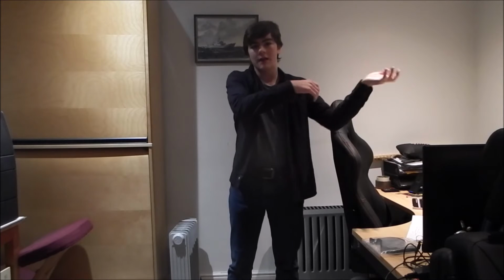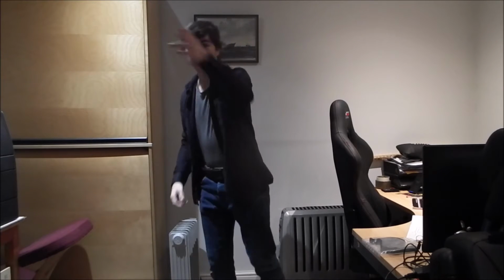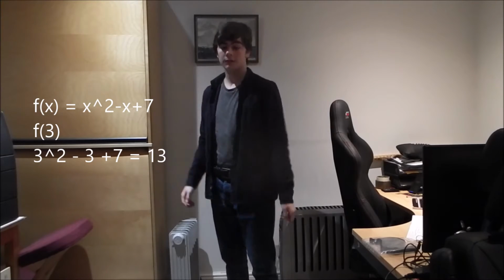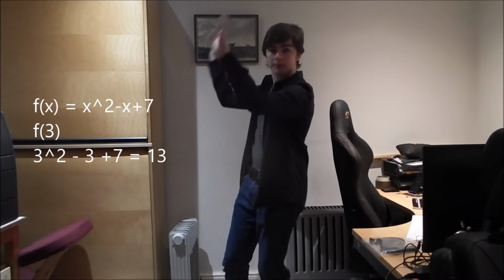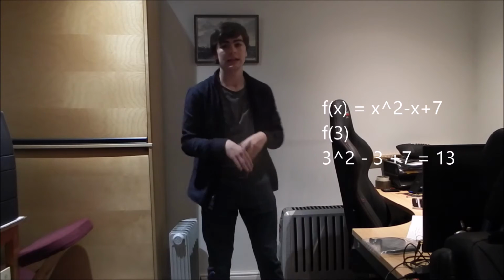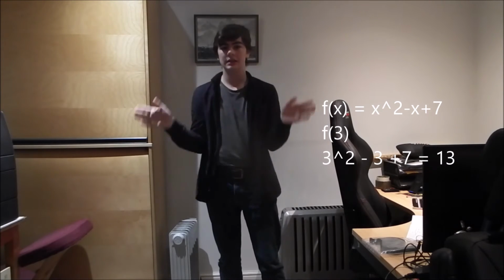So, as I said, you just work the equation down by substituting the number, 3 in this case, because of f of 3, into the equation, which we were given as f of x equals x squared minus x plus 7. And hopefully, if I've done the editing correctly, it should all be written up here somewhere, neatly and typed up so you can see.